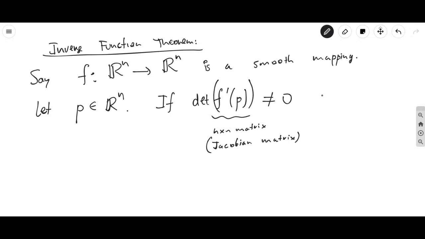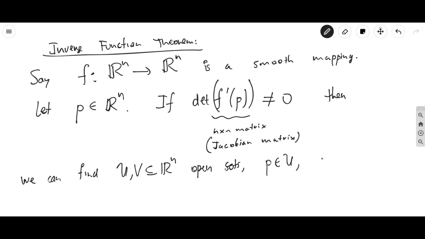So if the determinant of that Jacobian matrix is non-zero, then we can find open sets U and V in Rn. These are open sets.